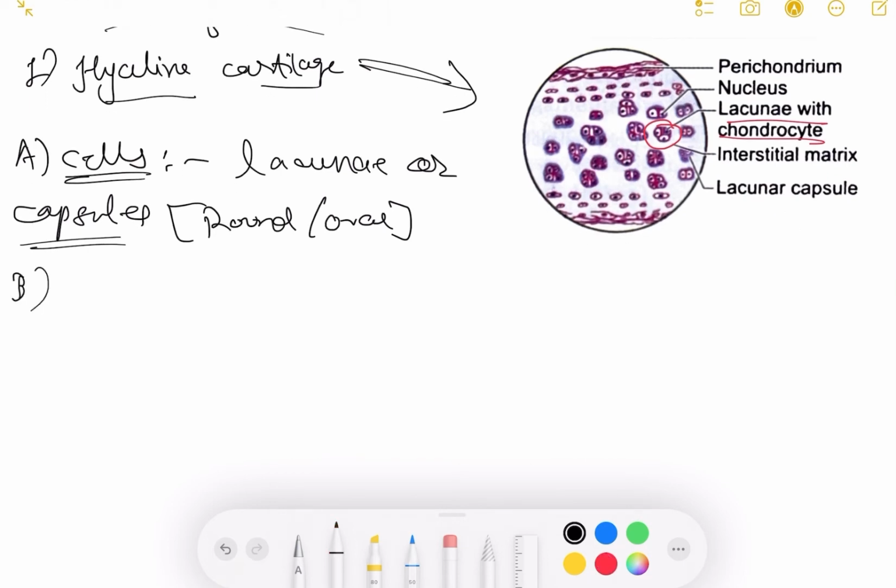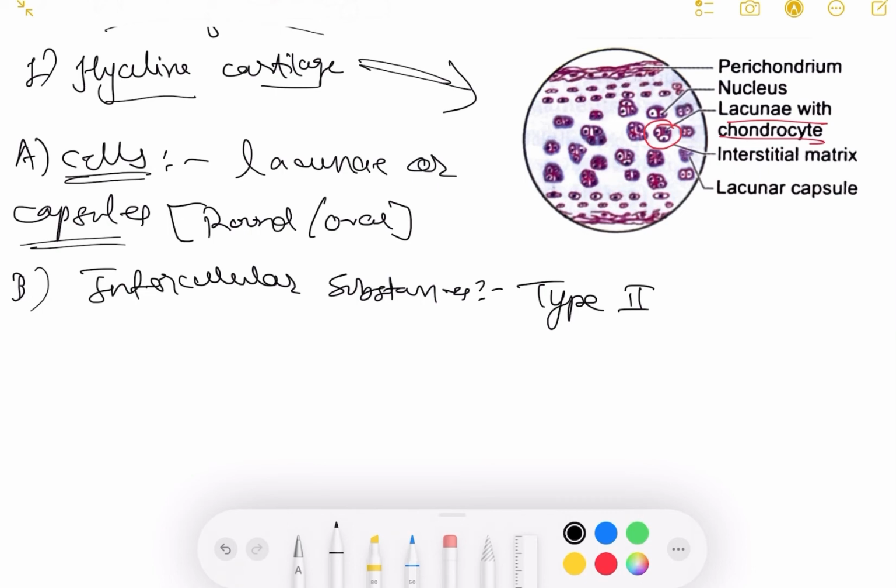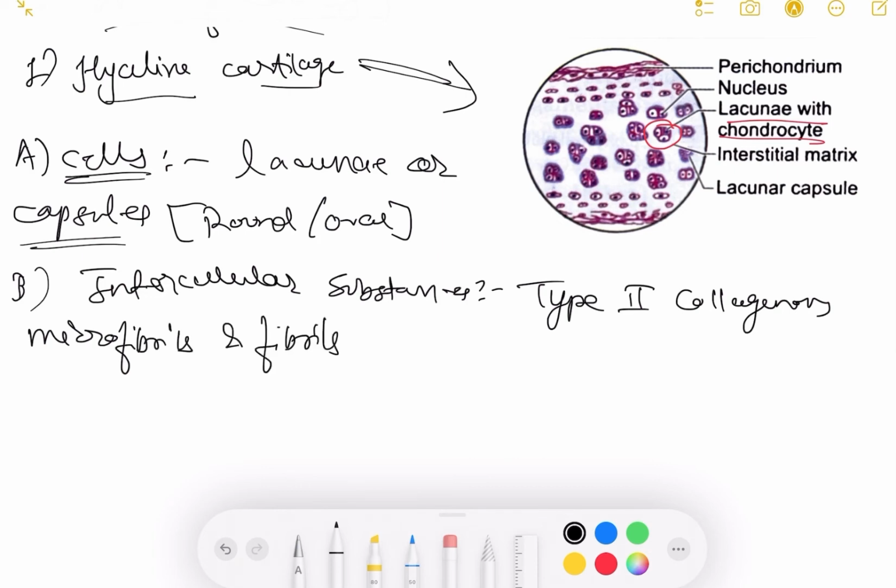Now second one, if we talk about intercellular substances. It contains type 2 collagenous microfibrils and fibrils. Intercellular substance has type 2 collagen fibrils, which contain microfibrils and fibrils, and it is like foam gel, blue in color.